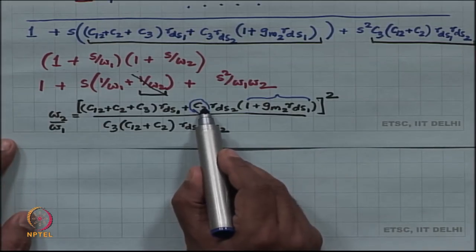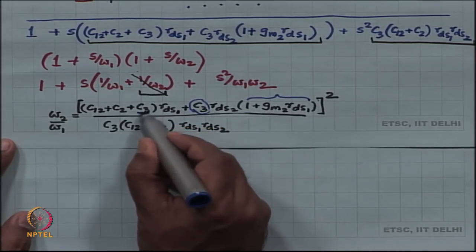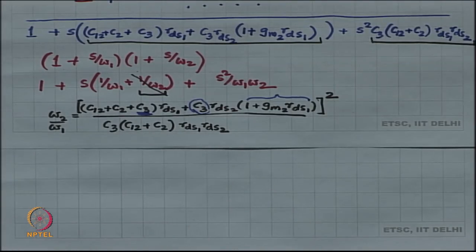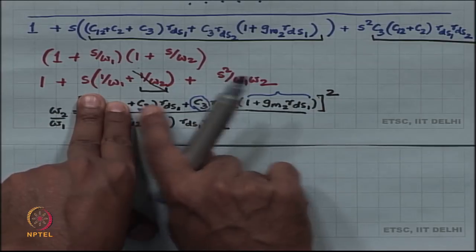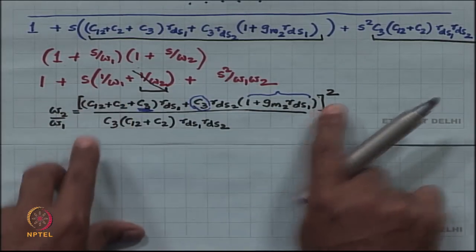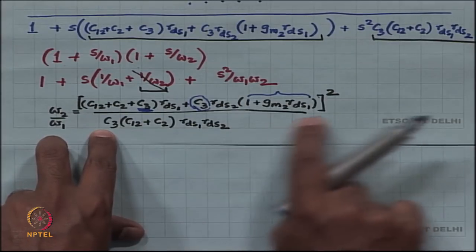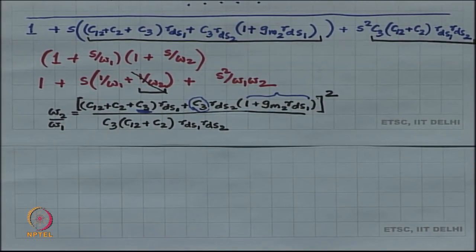So, C3 over here is the dominant capacitor, all these terms have C3 in them. C12 and C2 can be held to be small compared to C3, you add extra C3 on top, right, from the outside you add extra C3, and therefore, C12, C2 are all parasitic capacitances. If you ignore them, then the numerator term is proportional to C3 squared, the denominator is proportional to C3, which means overall this ratio is proportional to C3, which means you increase C3, you can increase the value of the ratio that you desire.